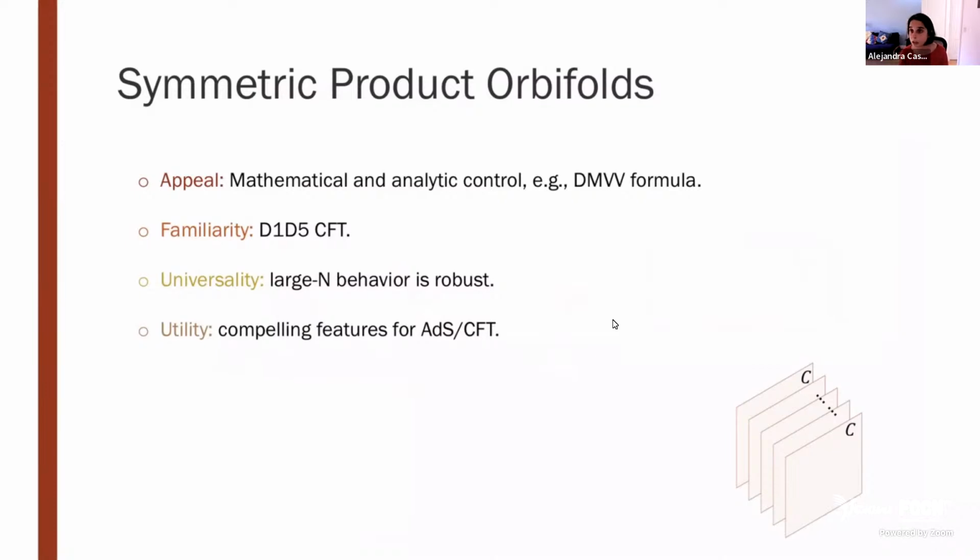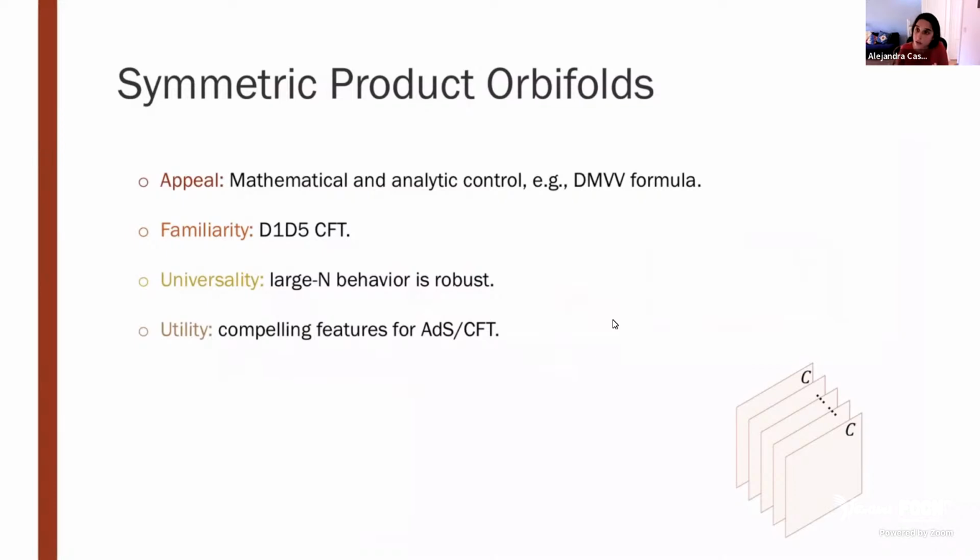It's also very familiar. Symmetric product orbifolds appear quite prominently in string theory, in particular in the context of the D1-D5 CFT. At its orbifold point, it's described by a symmetric product orbifold. Now, more broadly, outside of the realm of string theory, if you want to study these theories more generically, besides some very specific string compactification, they're quite universal.